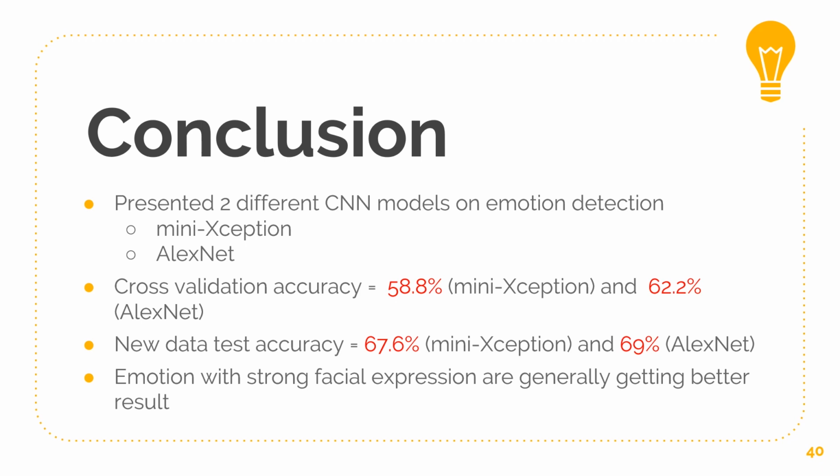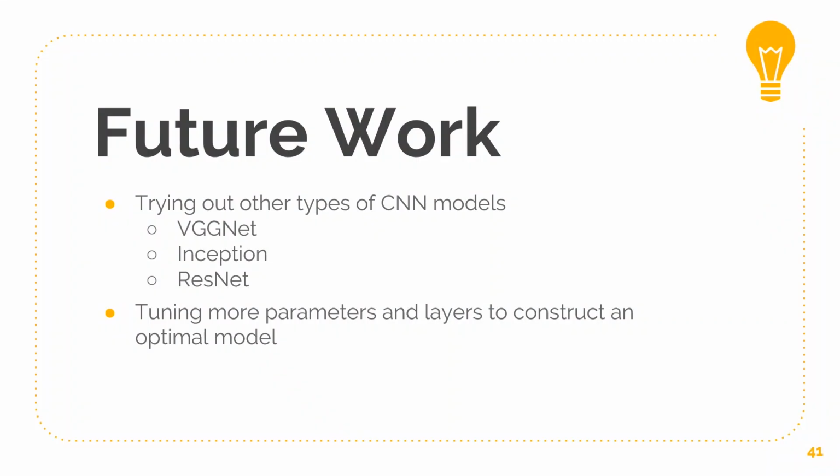Finally, we found that emotions with strong facial expressions are generally getting better results. To improve our project in the future, we can try more types of CNN models like VGGNet, Inception, and ResNet. We can also tune more parameters and layers to construct an optimal model.